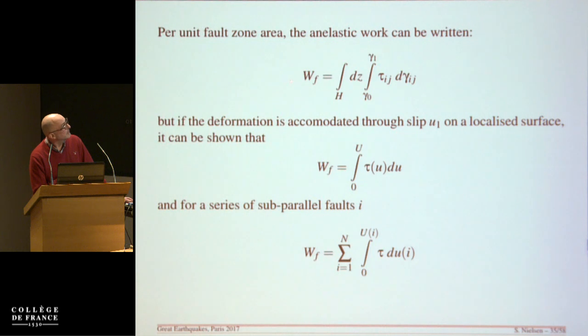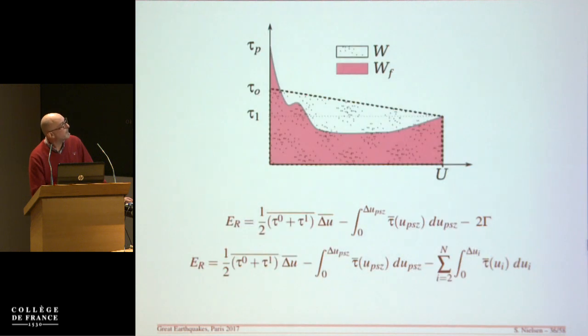So the work of friction, the work of mechanical dissipation, is the product of stress and strain. It can be shown that if slip is localized, it becomes an integral with slip on the fault. And if you have a series of faults, it's the sum of the work on each single one of these faults, integrated in the same way.